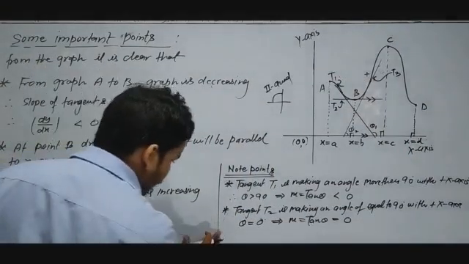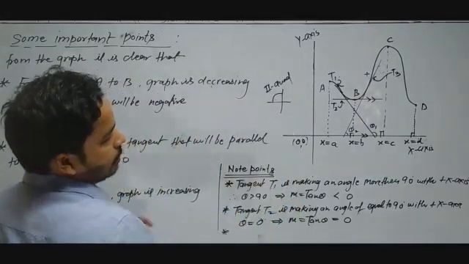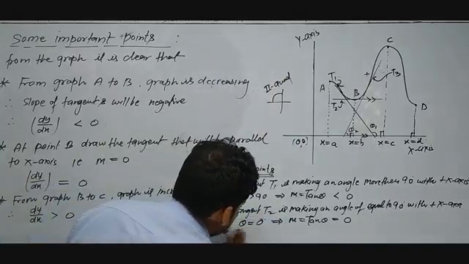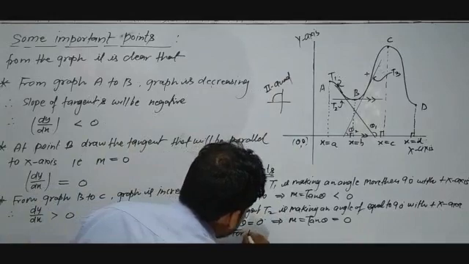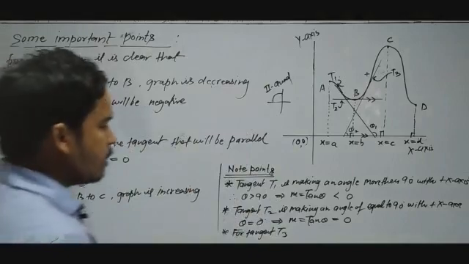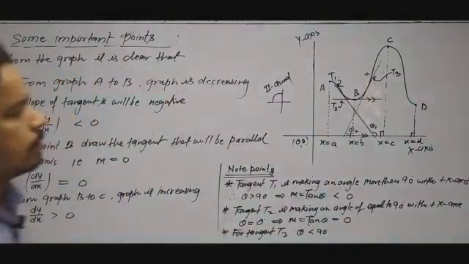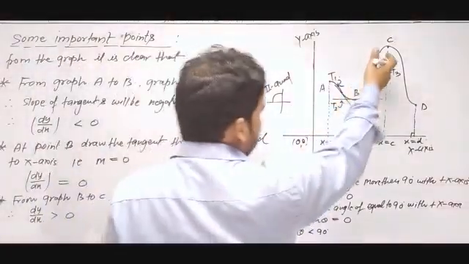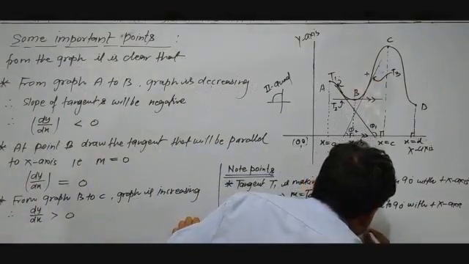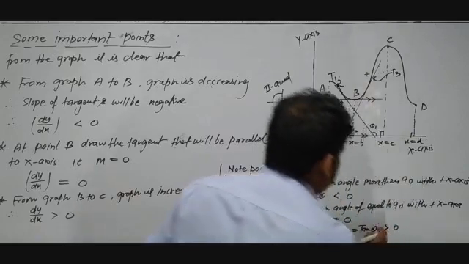Now let's go to the third point. In the case of the third point, tangent T3 is making an acute angle. For tangent T3, theta is less than 90. This implies m is equal to tan theta, and tan theta will be greater than 0, means positive.